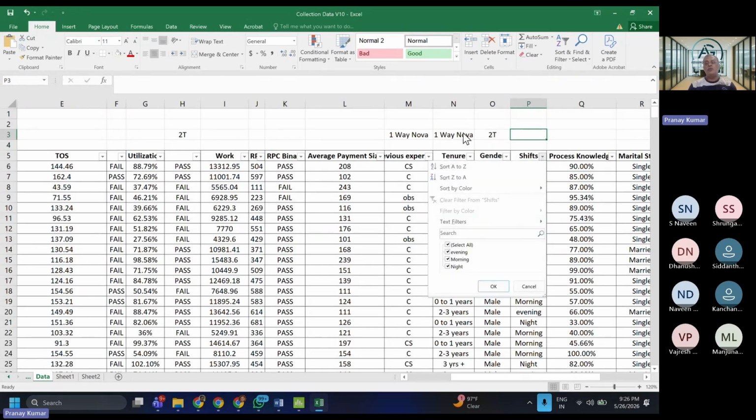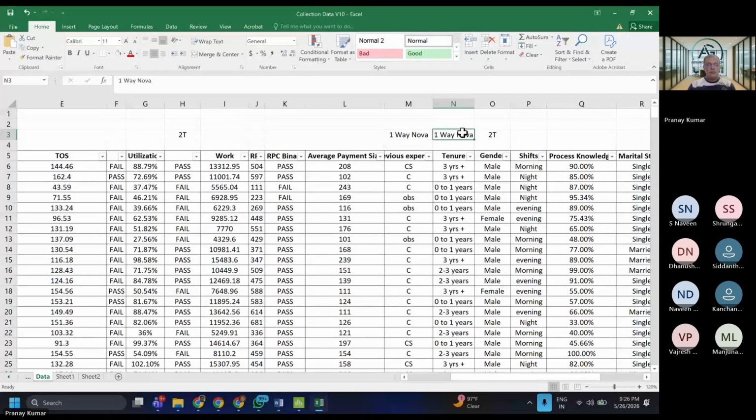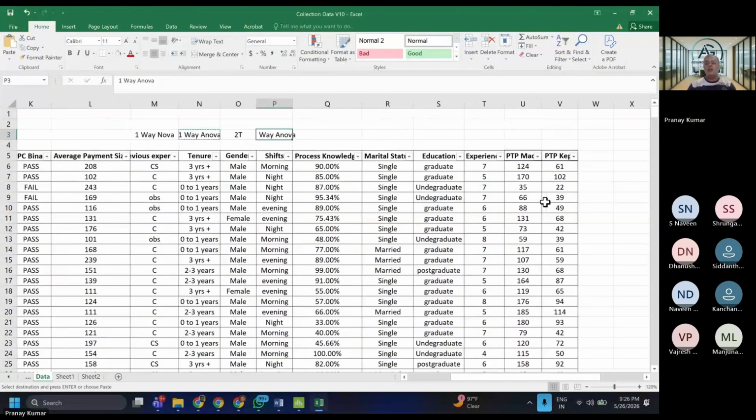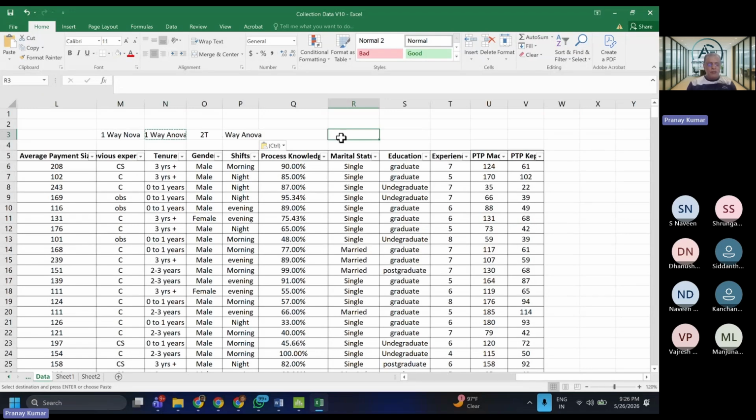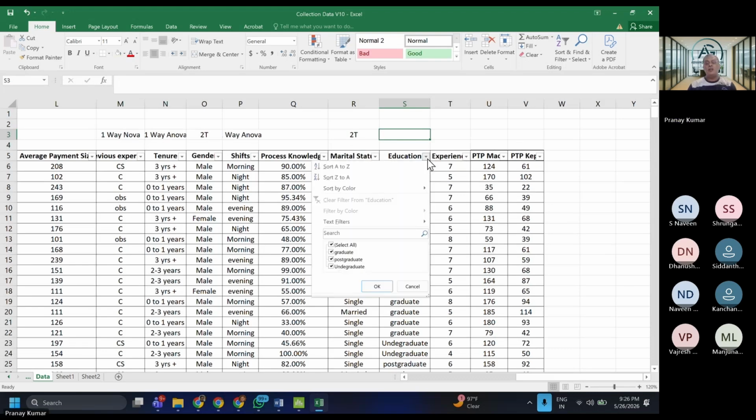More than two, one way ANOVA. Marital status, two subgroups, two sample t test. Education, more than two subgroups, one way ANOVA.